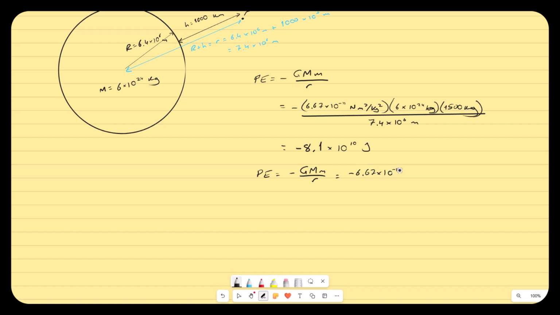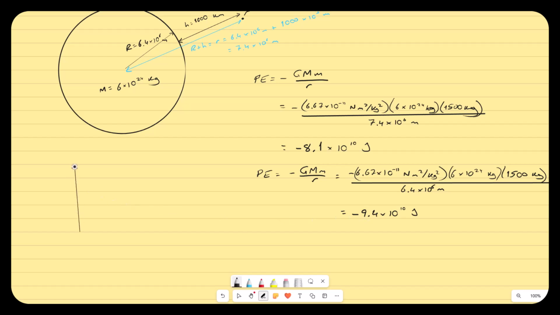So there's G, newton meter squared per kilogram squared, mass of the Earth, mass of my satellite, distance from the center of the planet. When I do that, I get negative 9.4 times 10 to the 10th joules. Which, yes, it's a bigger number, but it's a bigger, more negative number, right?